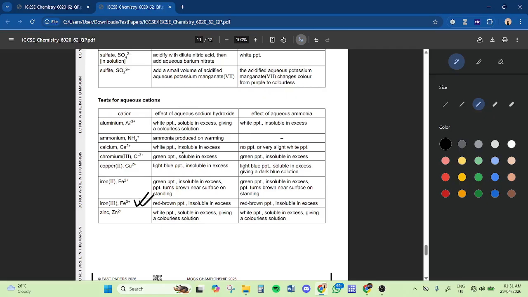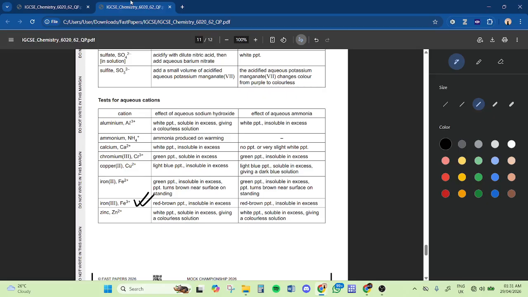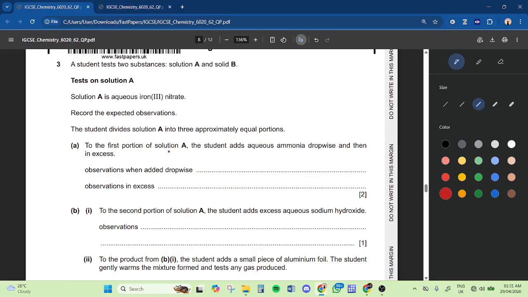And let's see what they added first. First portion of solution A adds aqueous ammonia dropwise and then in excess. So you're going to take a look over here. Effect of aqueous ammonia, it forms a red-brown precipitate which is insoluble in excess. So remember that you're writing down your observations. So you're not going to write insoluble in excess.